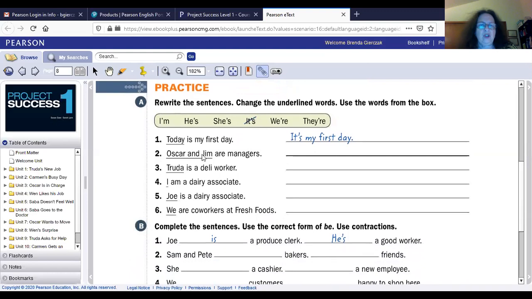So Oscar and Jim, remember, becomes they. Oscar and Jim are managers. So you would write they're, and here's the word they're. They're managers. So "Oscar and Jim are managers" becomes "they're" or "they are managers."